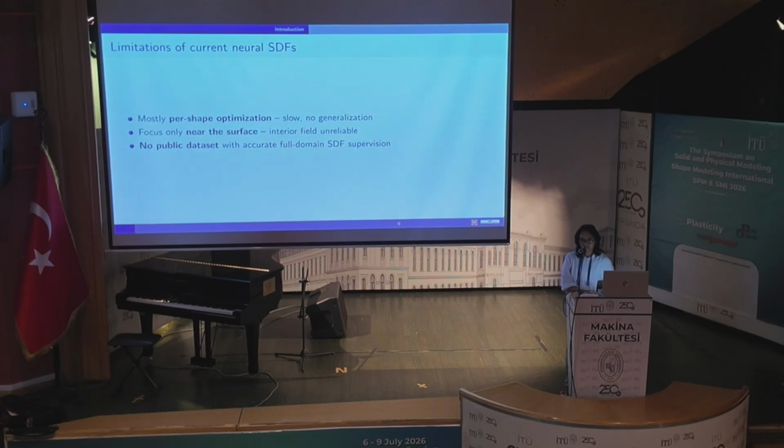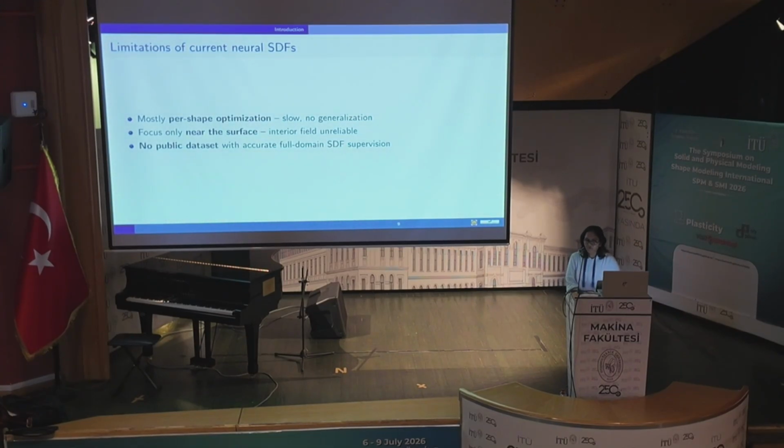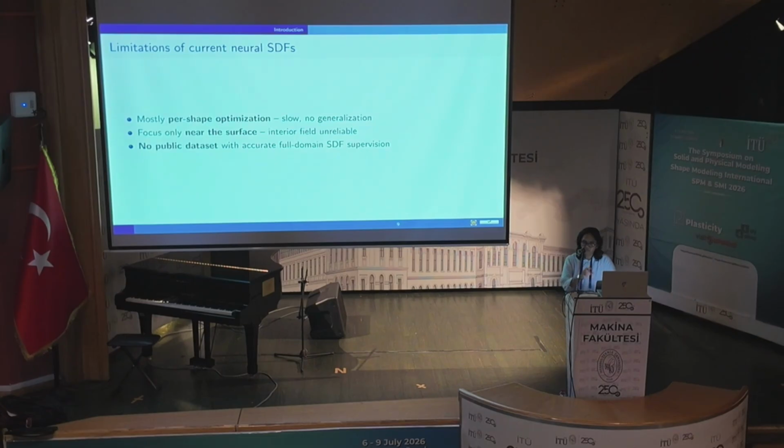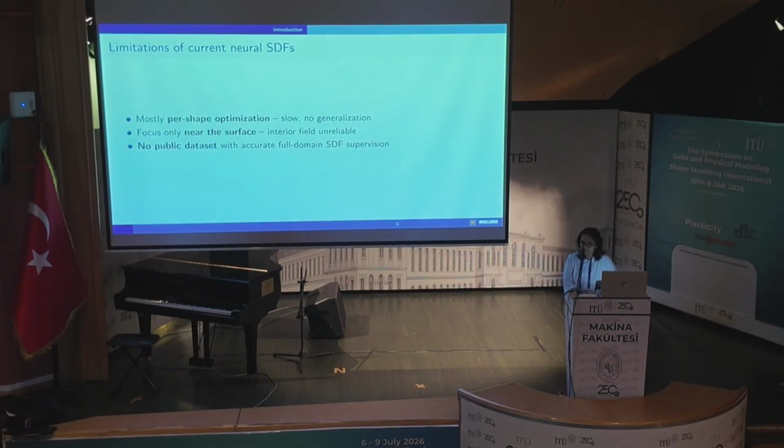Currently, there are few approaches for learning signed distance field, but most of them are per shape optimization networks. So they fit one neural network per shape. Hence, they are very slow and do not generalize to all shapes. And moreover, as we saw in the morning talk, they focus on surface reconstruction accuracy, SDF on the surface, leaving the interior SDF that is not given much attention.